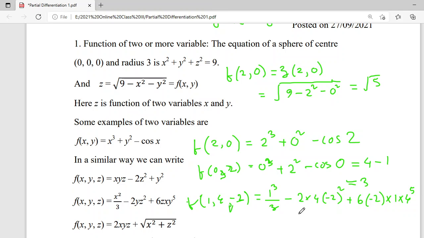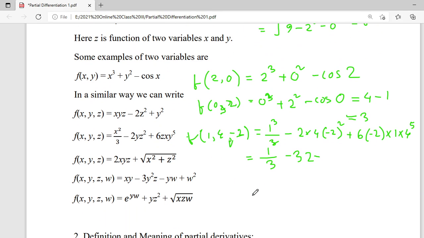So it is equal to 1 by 3 minus 4 into 16 minus into 32, then minus 12 into 16 square, like this. So you find the value. So these are functions of more than one variable.